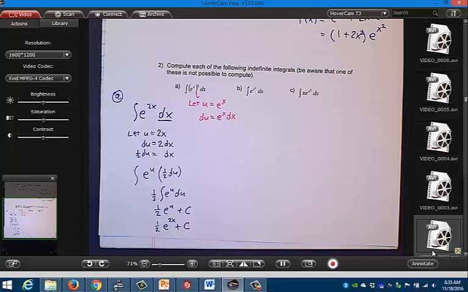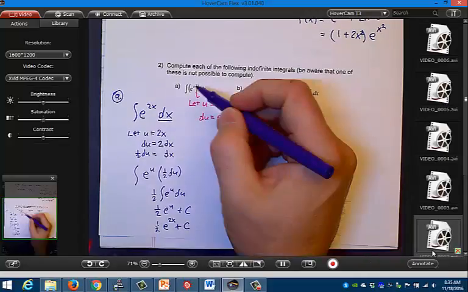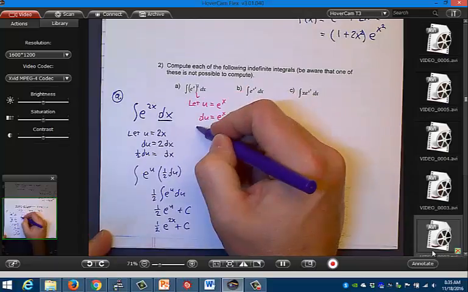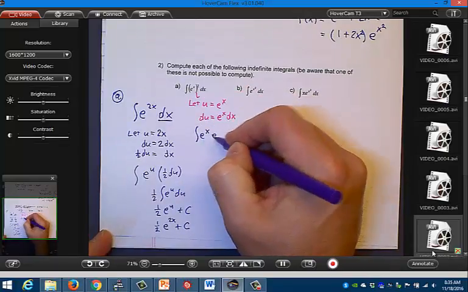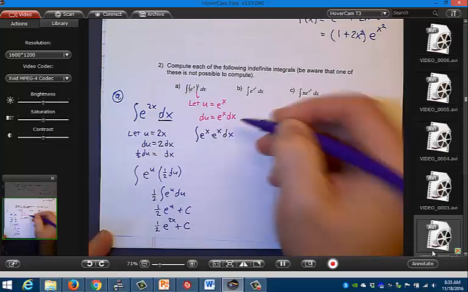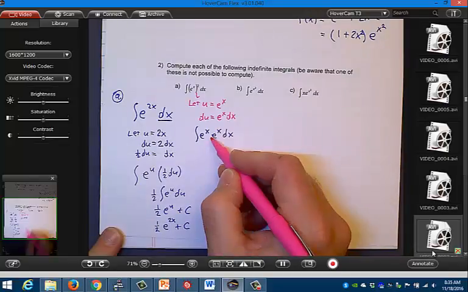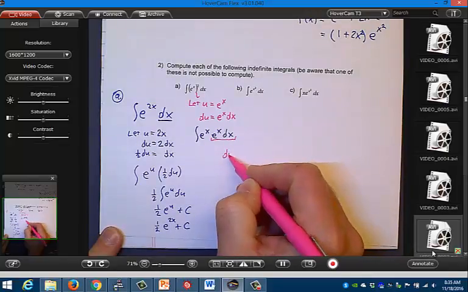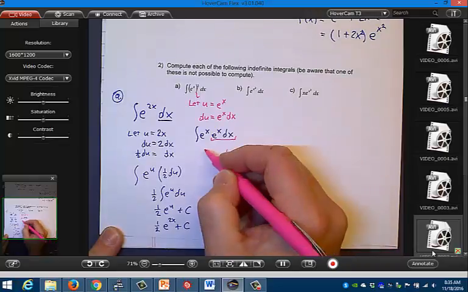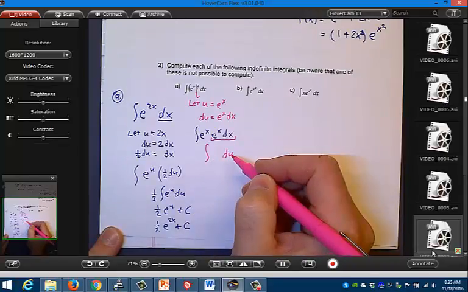Because if you take a look at the problem, I know it says e to the x squared, but wouldn't it be possible to write it this way? Right? That's what e to the x squared means, multiplied by itself. So if you look, what is this? That's my du. And so what I'm really integrating here is what?